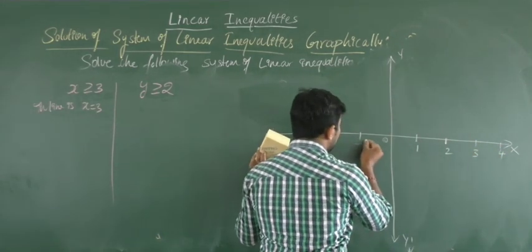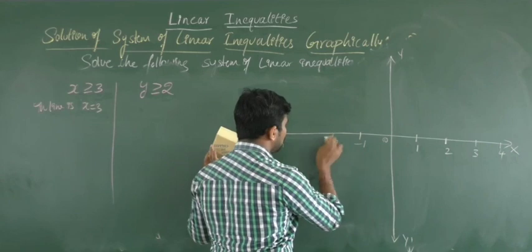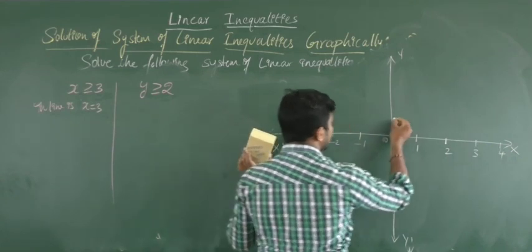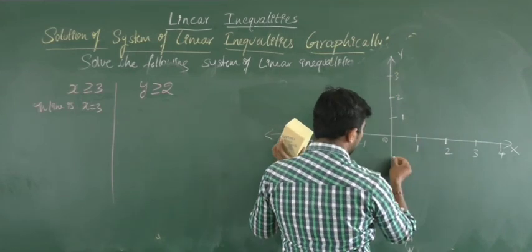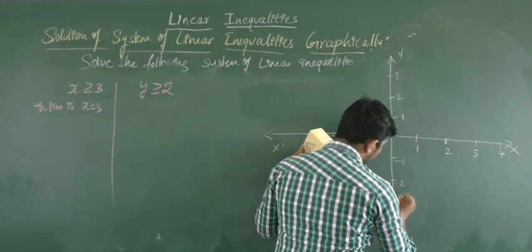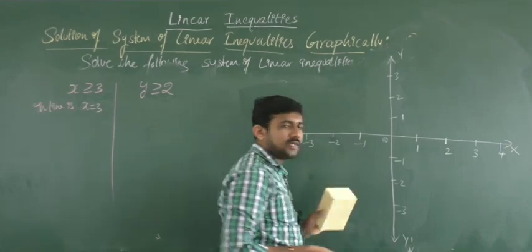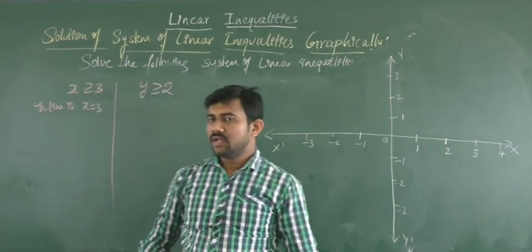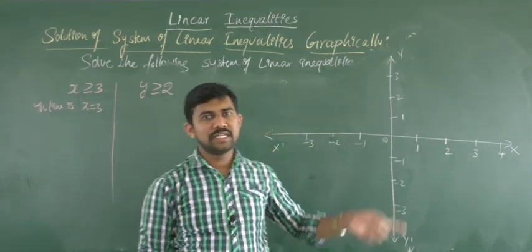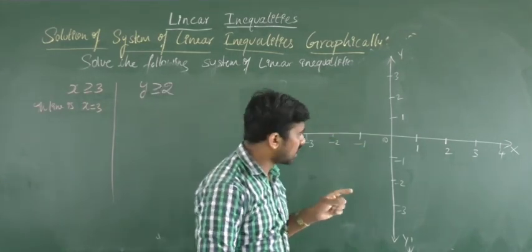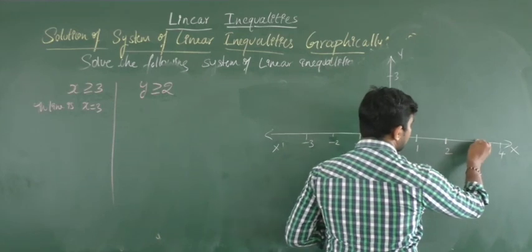Here minus 1, minus 2, minus 3, and here 1, 2, 3, minus 1, minus 2, minus 3. Okay, it is enough, right? Okay, now x = 3 means it is a vertical line passing through the point 3 on the x axis. So this is the point 3 on the x axis we have.